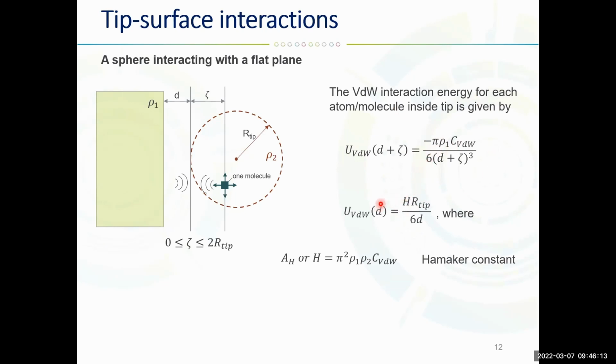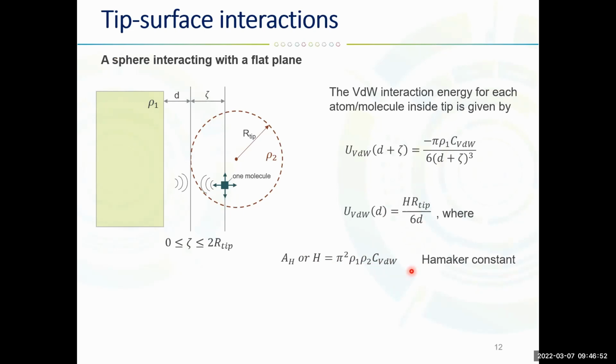This constant depends on the number density of the atoms in the tip, ρ2, and in the substrate, ρ1, and depends on the van der Waals coefficient C that we discussed already. It also depends on the radius of the tip and is inversely proportional to the separation, the distance d between the tip and the substrate. So this constant H is the Hamaker constant.